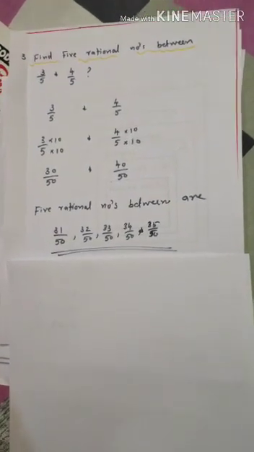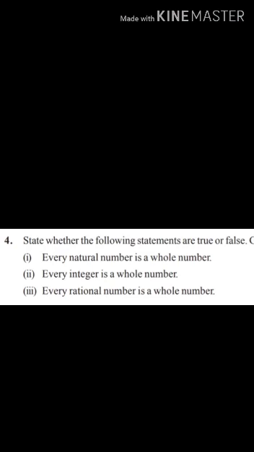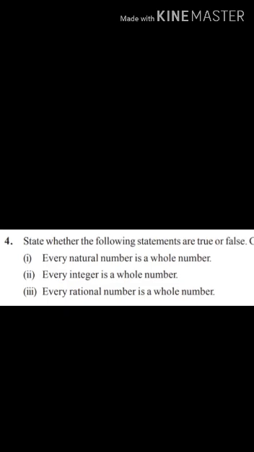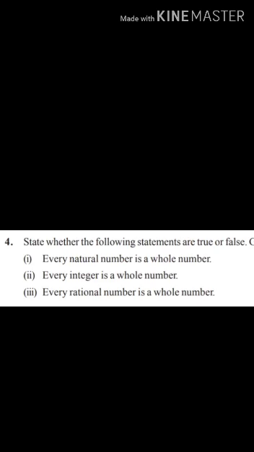Now coming to the last question, we have to state whether the following statements are true or false. The first statement, every natural number is a whole number. So from the diagram, it's clear that this is a true statement. Every natural number is a whole number.